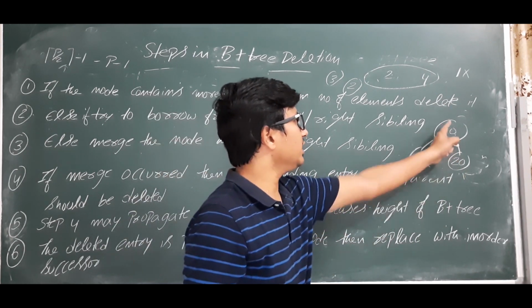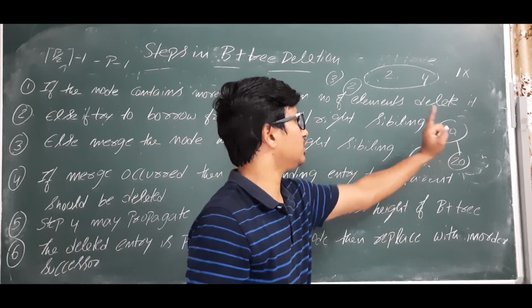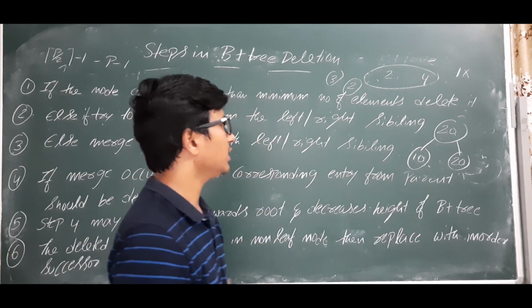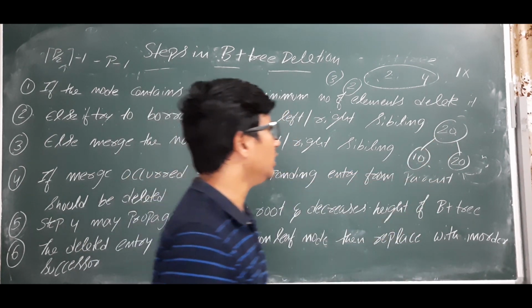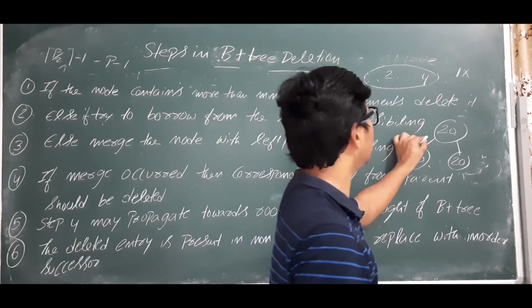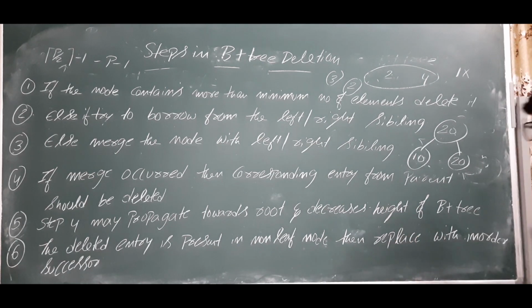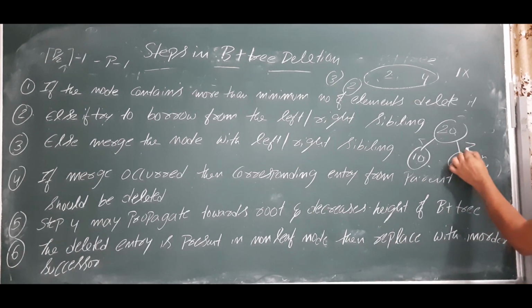Then one index entry should be there in the non-leaf node. What is the property of the B+tree? If 20 is there, the elements less than 20 should be in the left subtree.